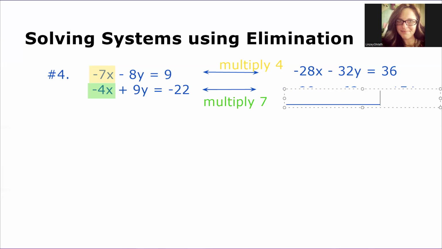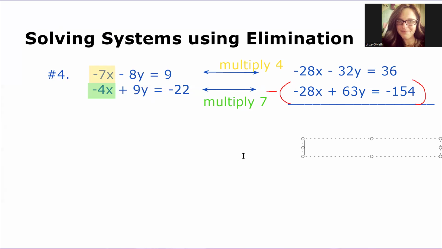Now, we can eliminate our x variables. We are going to subtract these two equations carefully with all these negative signs. Subtract. Negative 28x minus a negative. Go ahead and do it in your calculator. Negative 28 minus negative 28. You get 0. So these are eliminated.